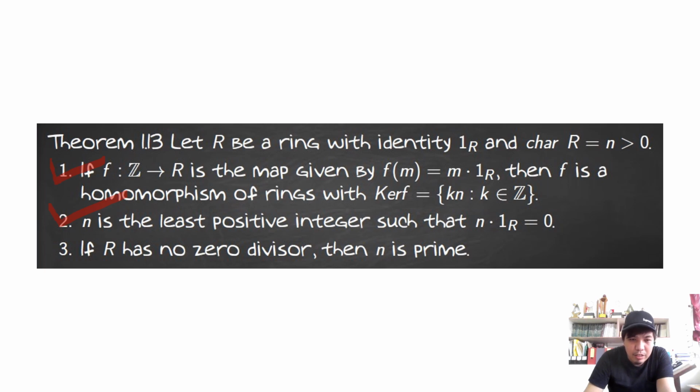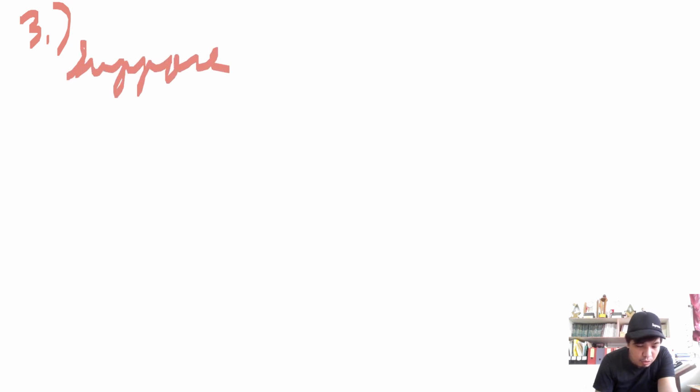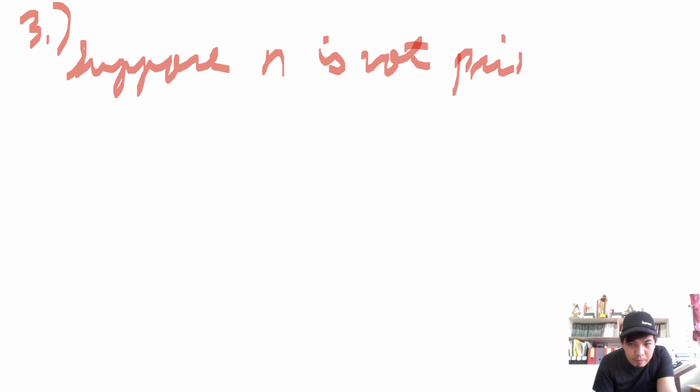So we are down to the last one, which states that if r has no zero divisors, then n must be a prime number. To prove this, we proceed by contradiction. So how do we use proof by contradiction? We first negate what we want to prove. So suppose n is not prime.